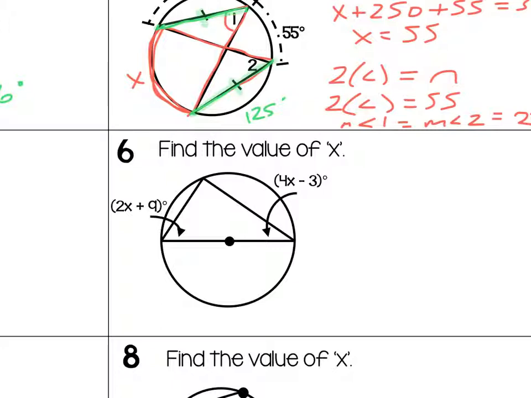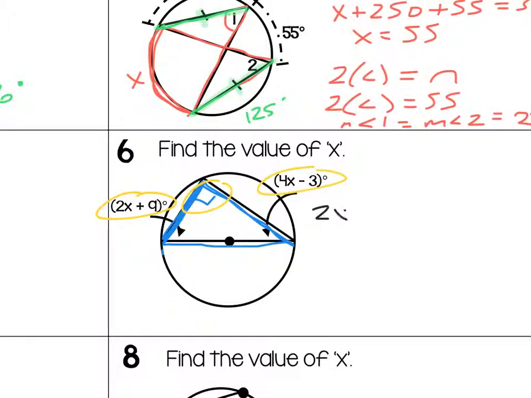So you want to see something like this. I see a little triangle. Okay, and this top angle is intercepting my semicircle, so I know that means it's a right angle, or it's 90 degrees. And now that I have that that's 90 degrees, I can add everything together and set it equal to 180.